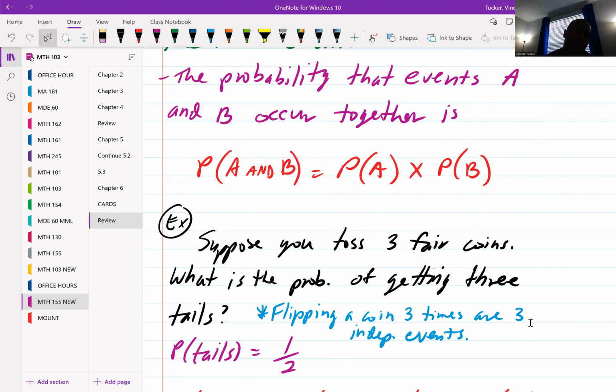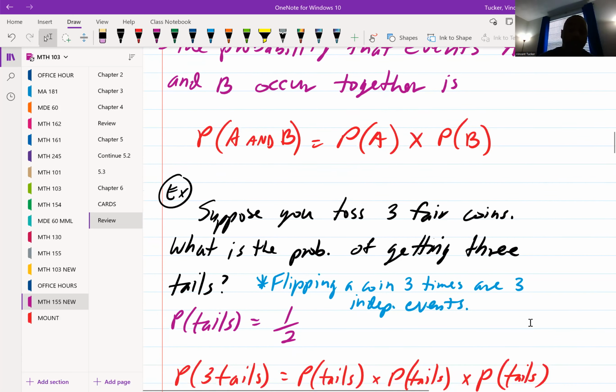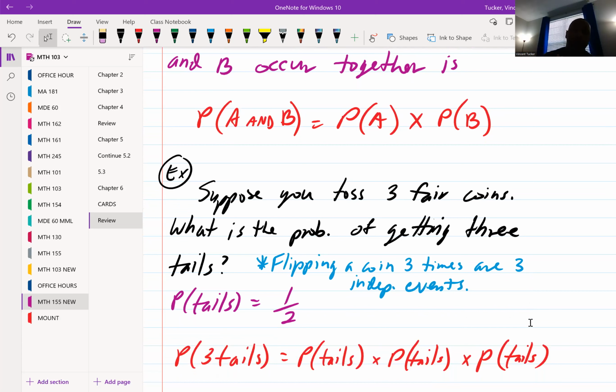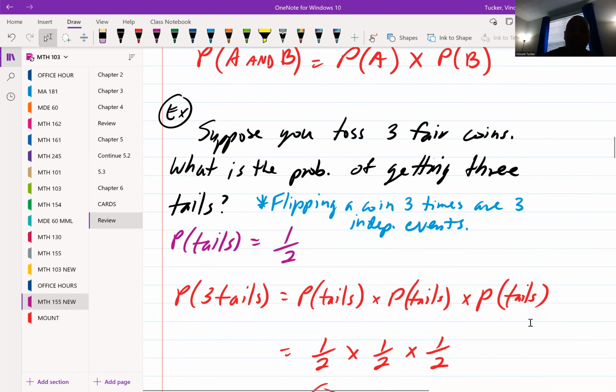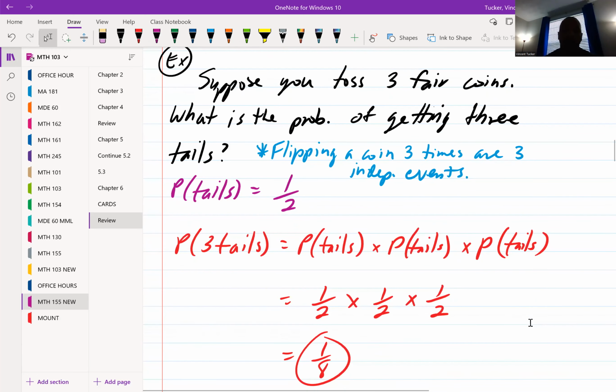So we talked about the probability of tails before, or probability of heads. We know that's 50%. It's 1/2, 1 out of 2 chance of getting tails versus getting heads. And since they're independent events, and we want to know what's the probability of landing tails 3 times in a row, we're going to multiply 1/2 times itself 3 times, and that'll give you 1/8.